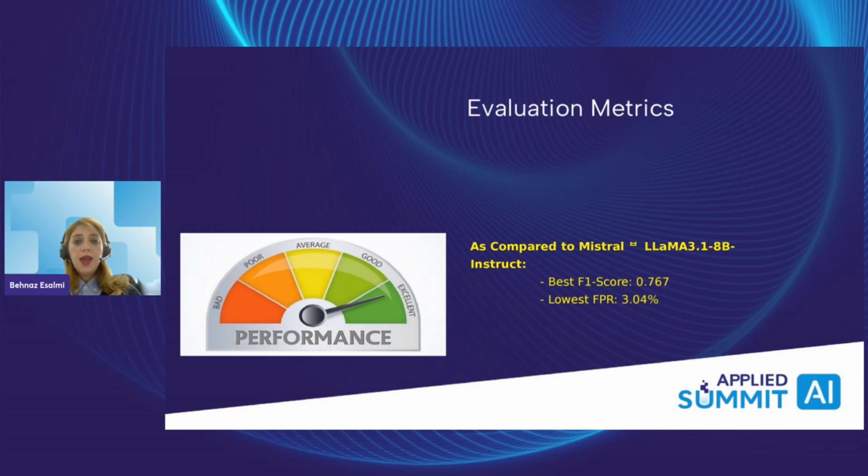It's good to know that cTAKES had a similar F1 score to LLaMA 3.1 8 billion instruct version, but with the highest false positive rate, around 30%. Because of that, among all these models, LLaMA had better results and it was the best candidate in our framework.